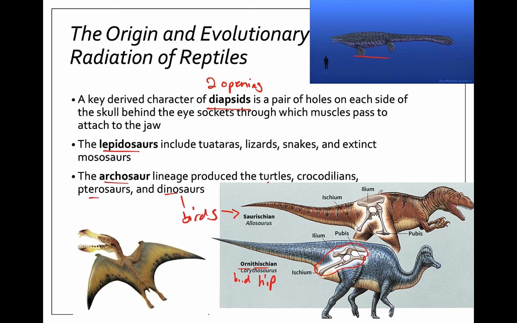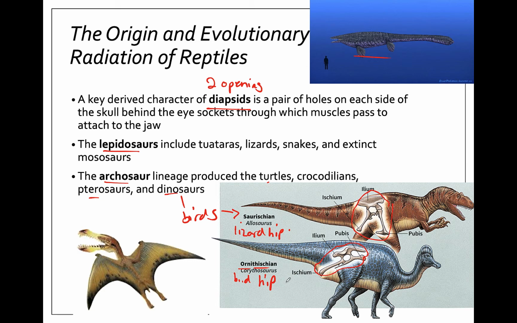And the other group we have are the saurischian, and this means lizard hip. And what it's doing is it's comparing the structure of the hip bones to existing species. So somehow these actually look more like birds do nowadays.